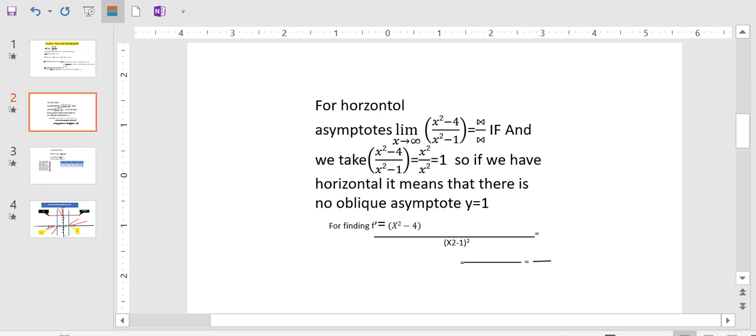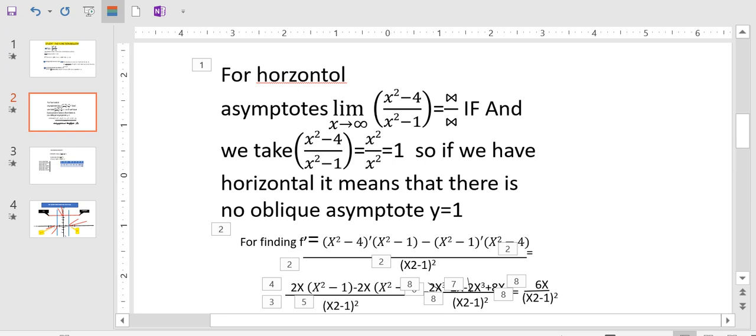For finding the first derivative of this function, we must use this formula. I forgot to write this formula, but it is known as the derivative of v times u without derivative, negative u derivative times v without derivative, over u square.